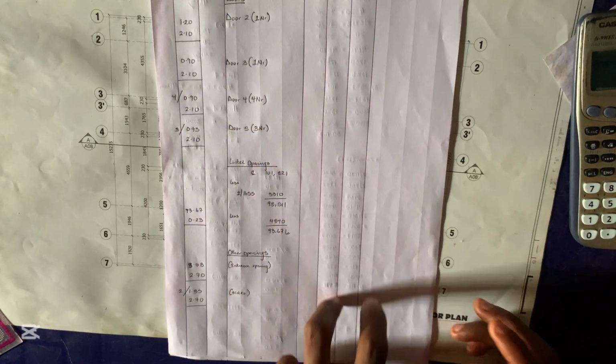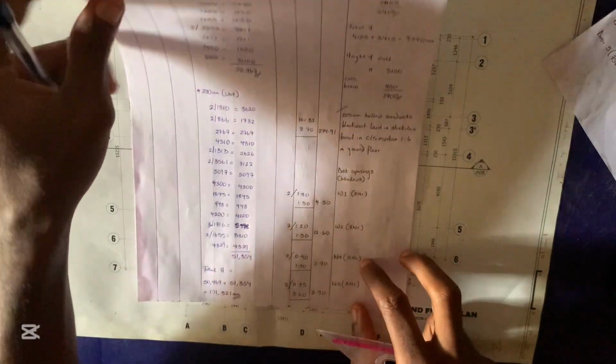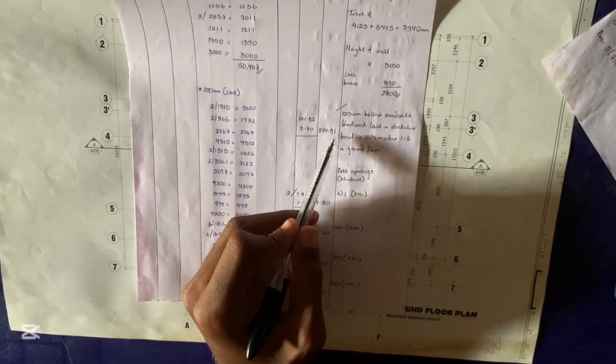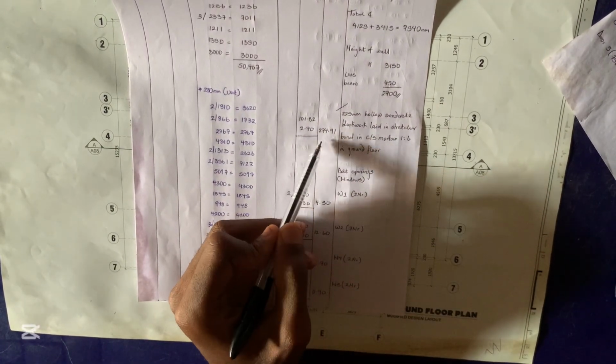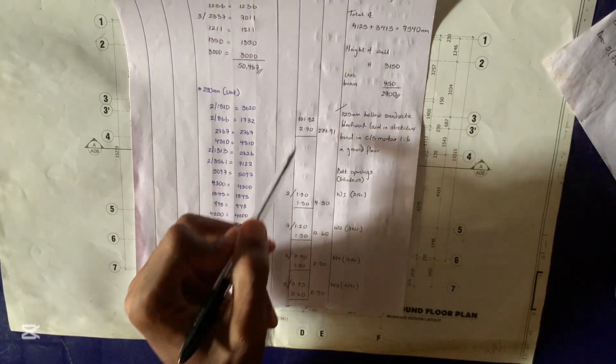So what we're going to be doing now is getting the values in the squaring column. So basically, to interpret what we've done here, this 274.91 meters is the total square meters, or the total area, of the blockwork as if they were enclosed.